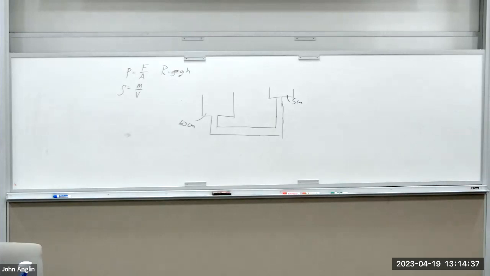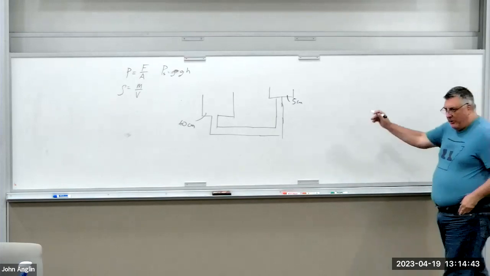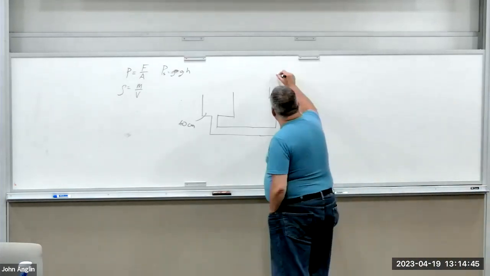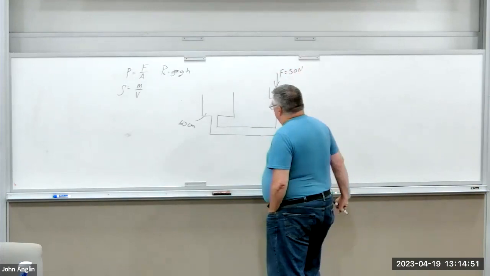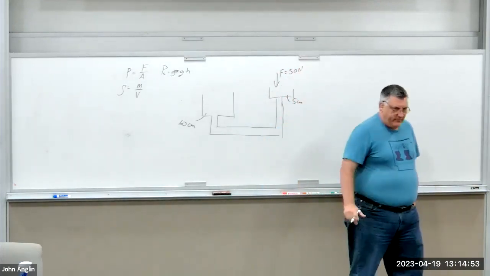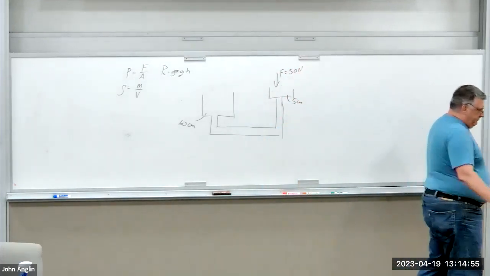So if we come along on the small side of this piston and apply some force, let's just say that force is 50 newtons, just to make the math easier.